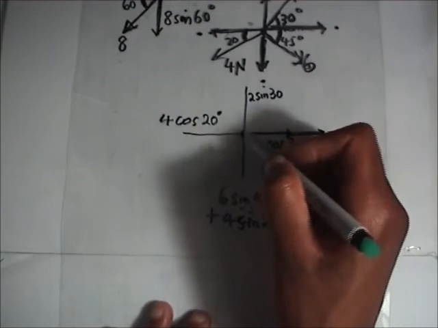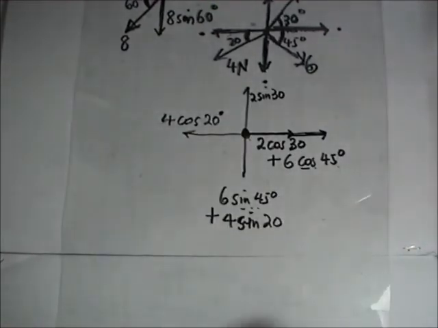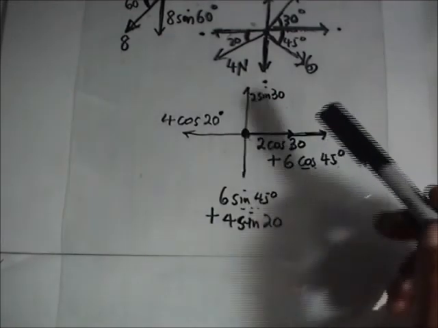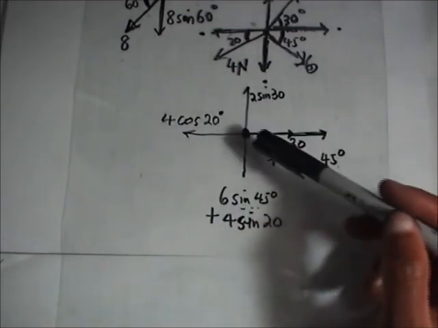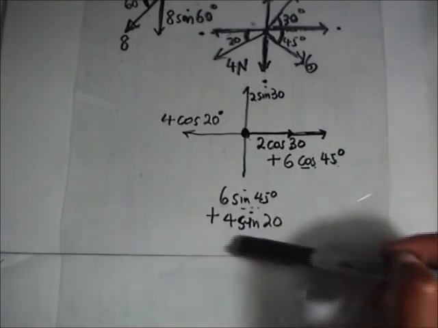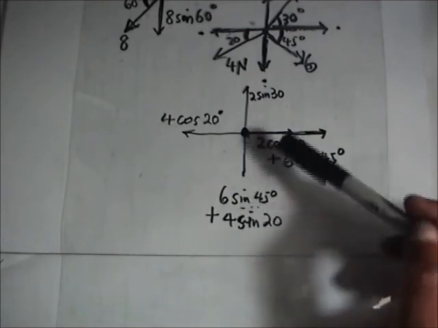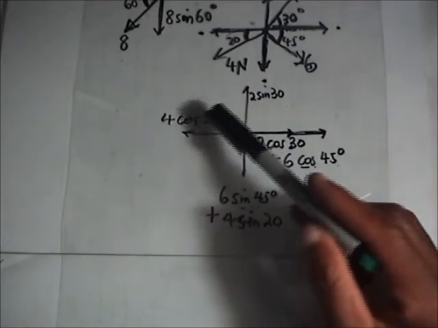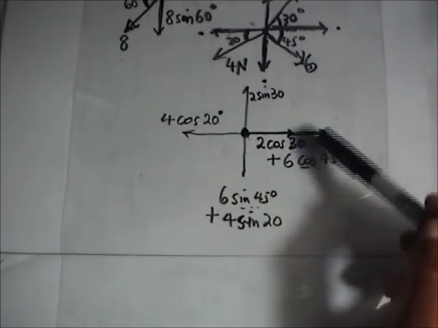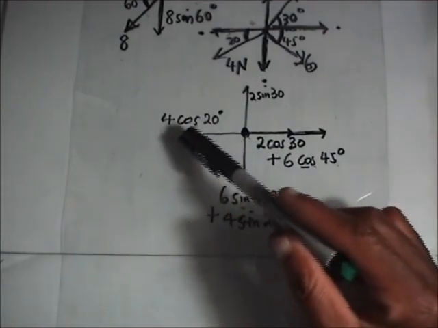And now, if you're told this is in equilibrium, it's just a matter of you applying what? What is pulling upwards, the 2 sine 30, should be equal to the total of what is pulling downwards, 6 sine 45 plus 4 sine 20. What is pulling to the right should be equal to what is pulling to the left. So 2 cos 30 plus 6 cos 45 is equal to 4 cos 20.